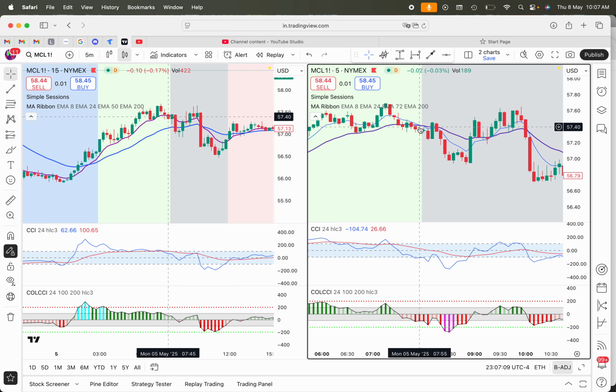It's pushed down through this 24 EMA, and also the 8 has pushed down through the 24 EMA. I would be looking at the histogram of this bottom CCI, and you can see that it's pushed through the zero line, and you can see how it's light pink and then it goes red.